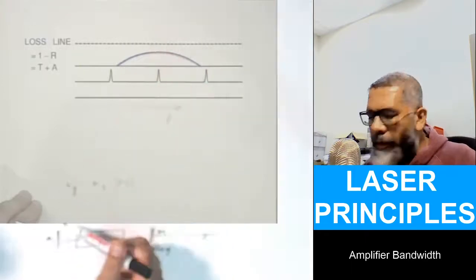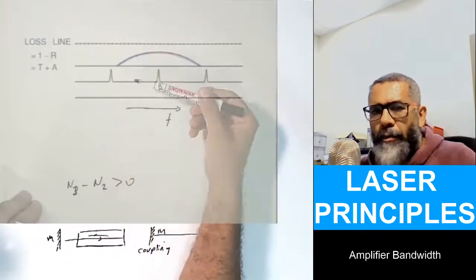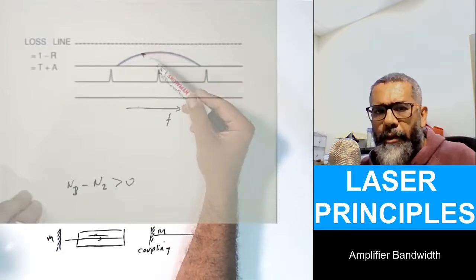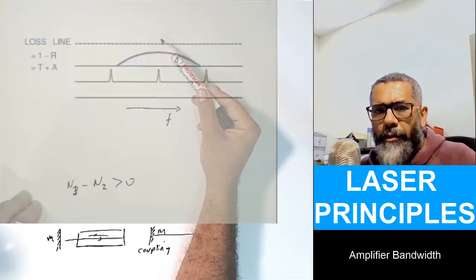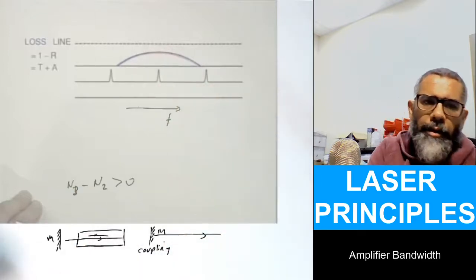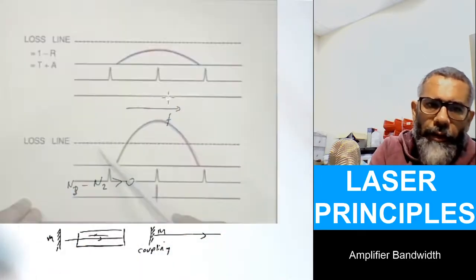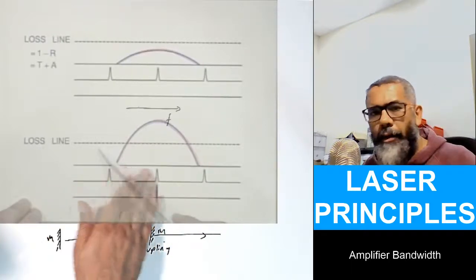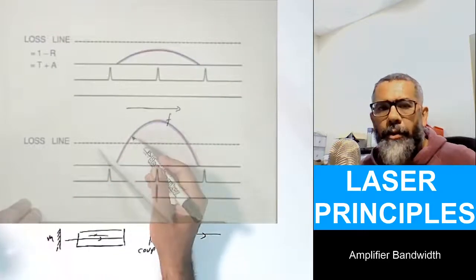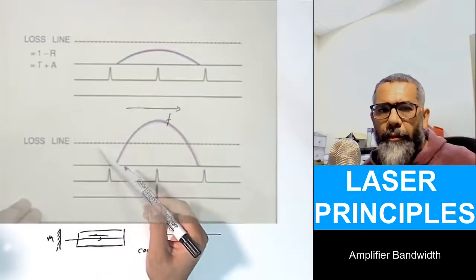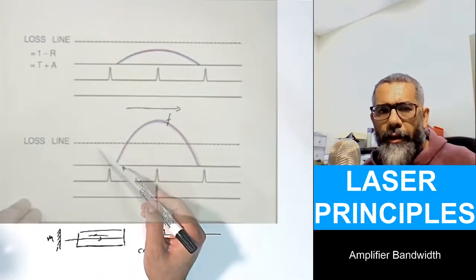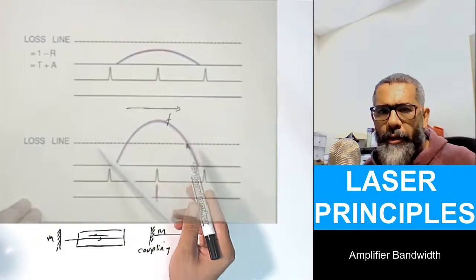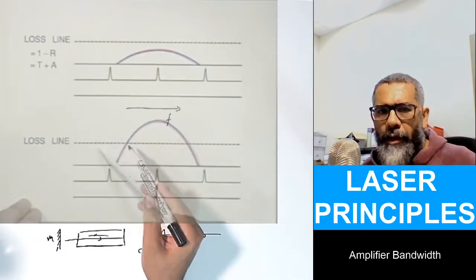And as I said, in order to have this laser work, we must have this curved bandwidth line above this dashed line. Okay, and let's look at the following slide. Over here, in this case we have this curved line, which is the bandwidth of the amplifier.